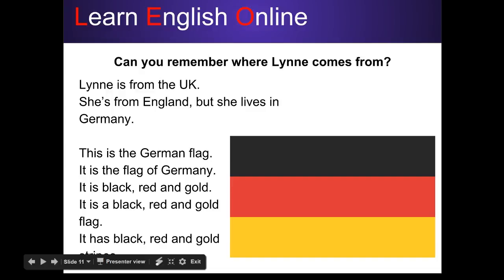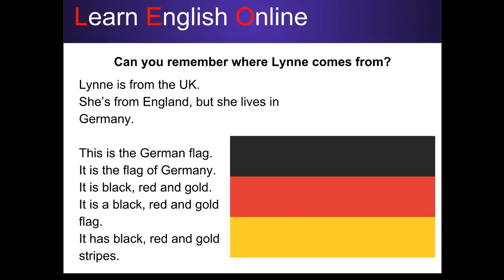And the one in the middle. It's between the black and the gold. So the stripe between the black and the gold stripe is red. The one in the middle is red. We'll do more middle, top, left, right, middle. Don't worry. Lots and lots of practice in the future.